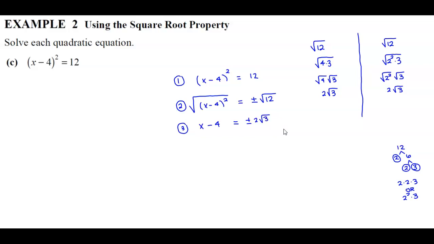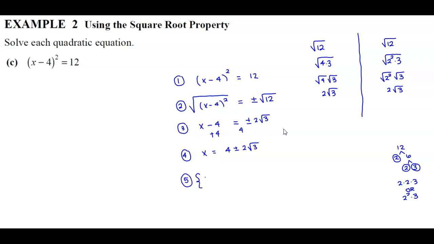Now the next thing is we need to solve for x. So we're going to have to add 4 to both sides. But keep in mind that the 4 has to be in front of the plus or minus, not after that radical. And so therefore we're going to get x, which is going to equal positive 4 plus or minus 2 times the square root of 3. So again, as I stated, there's two ways to write this answer.